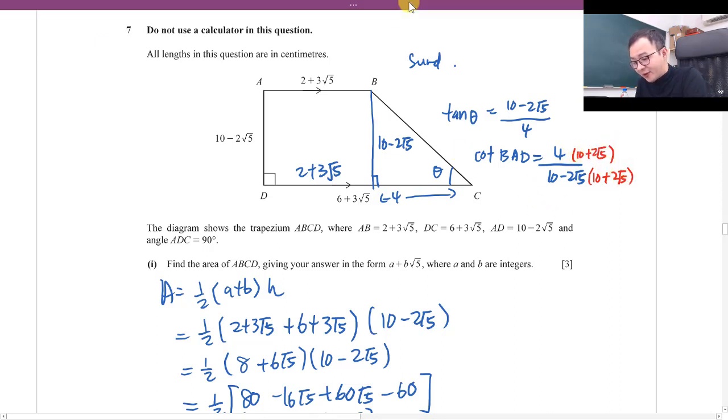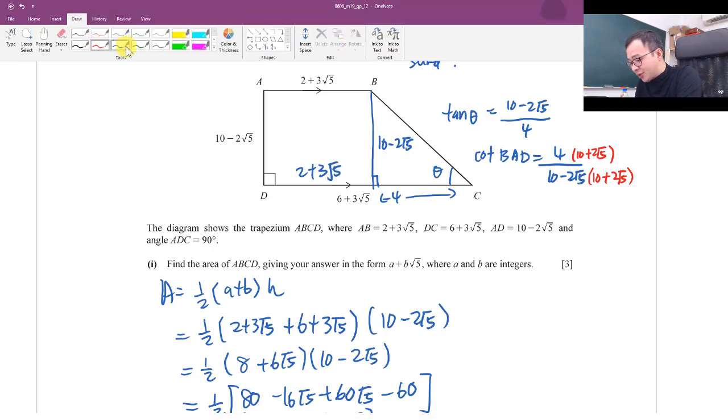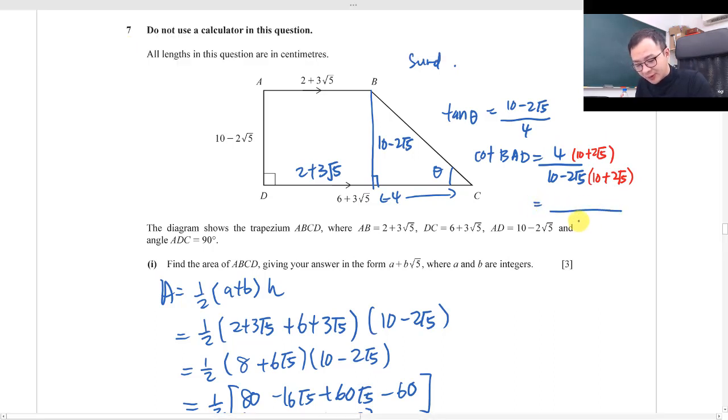After I do it, I get 10 times 10 is 100, minus 4 times 5 is 20, so the denominator is 80. The top is 40 plus 8√5.